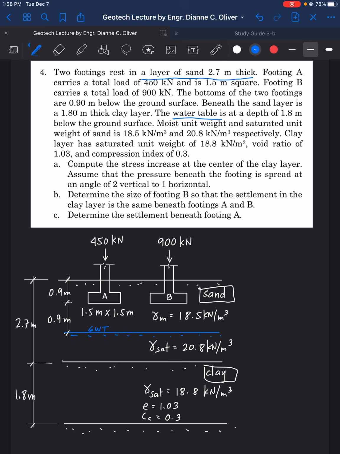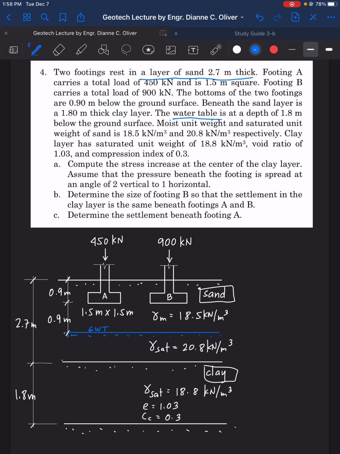Okay, so for letter A, compute the stress increase at the center of the clay layer and assume that the pressure beneath the footing is spread at an angle of 2 vertical to 1 horizontal.